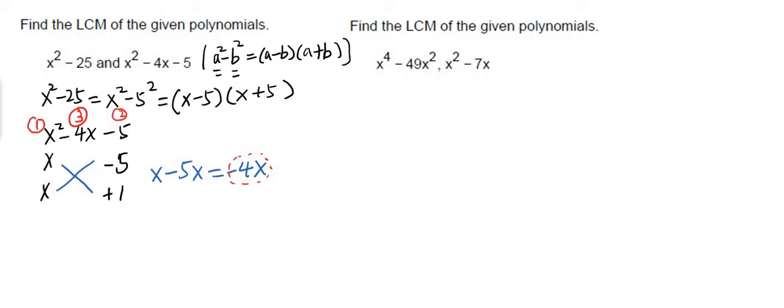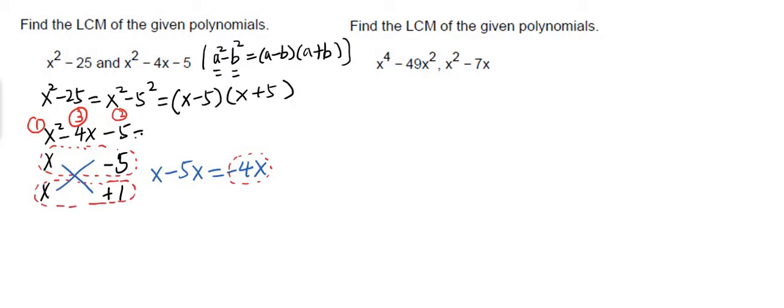That means what? That means we have two factors. One is x minus 5. The second factor is x plus 1.